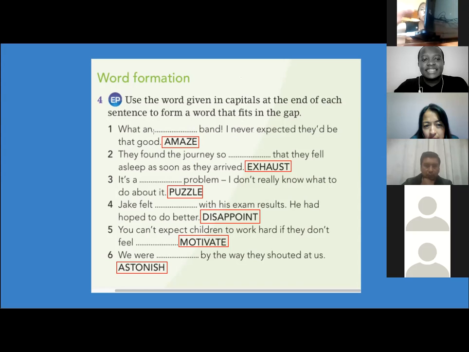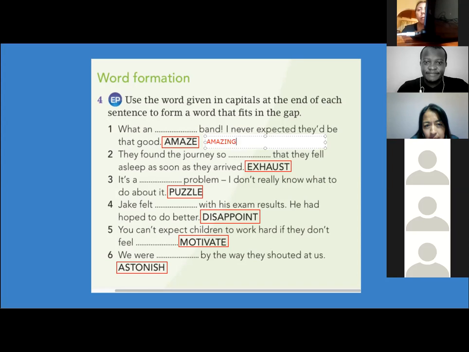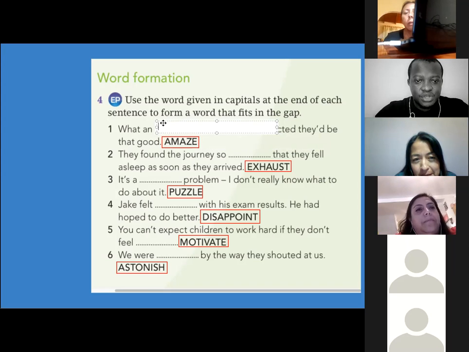An amazing band, an amazed band. Amazing. Yeah. Can you give me a justification? Because the band doesn't have feelings. So what are we describing here?